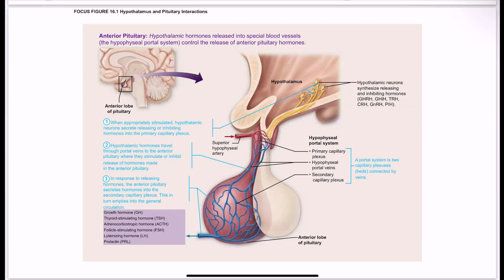them. We can call the hypothalamus and all of this stuff that's going on here neuroendocrine, because they have both neural functions and endocrine functions.